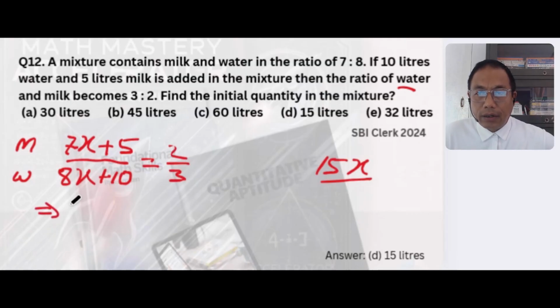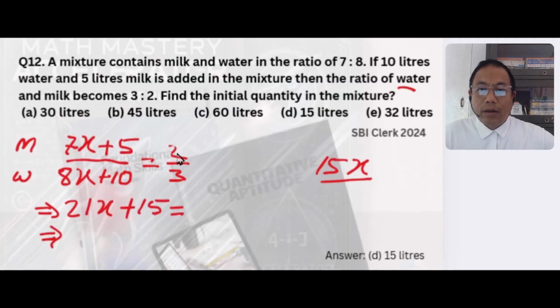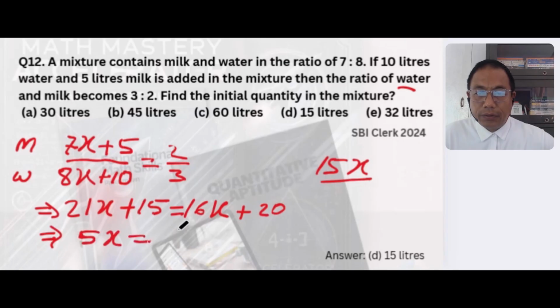7, 3 are 21. X plus 5, 3 are 15. 8 are 16. X plus 21 minus 16. 11 minus 6 is 5. 5x equal to transfer 15 right to minus.